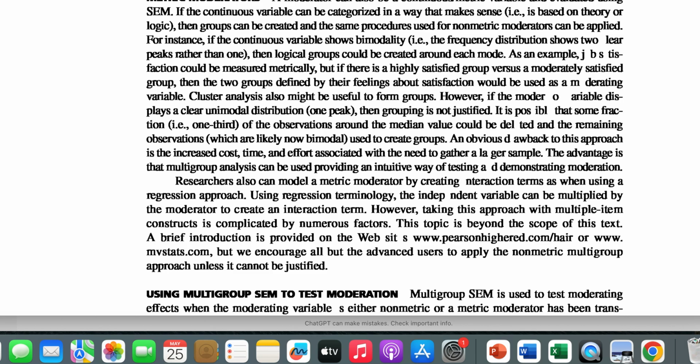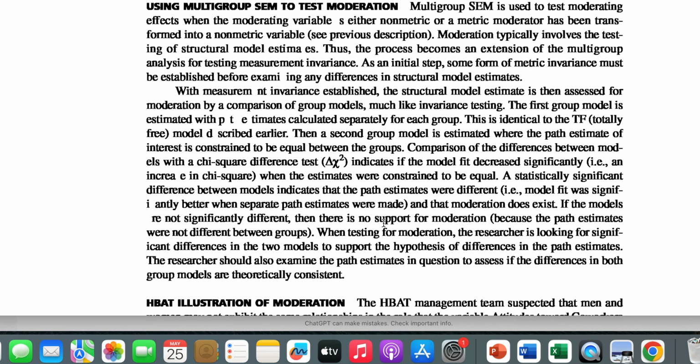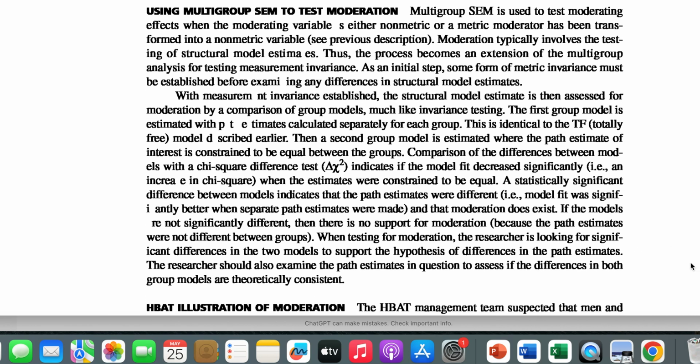Using multi-group structural equation modeling to test moderation. Multi-group structural equation modeling is used to test moderating effects when the moderator variable, either non-metric or metric, has been transformed into a non-metric variable as seen in the previous description.